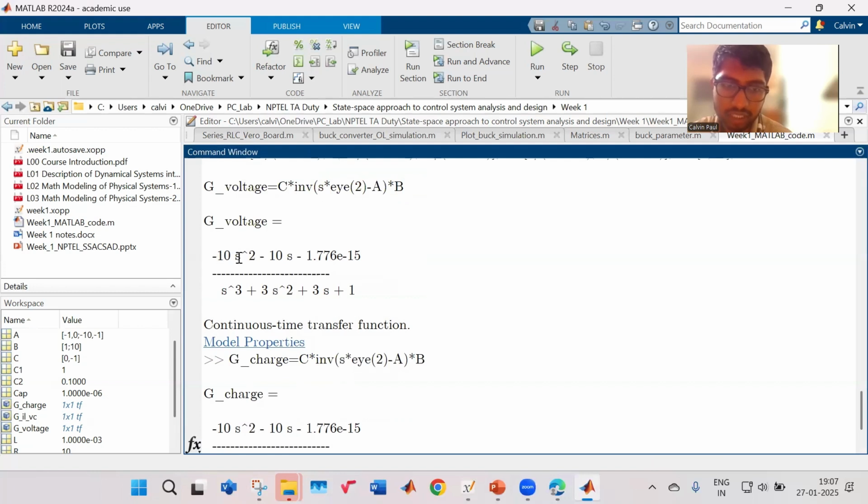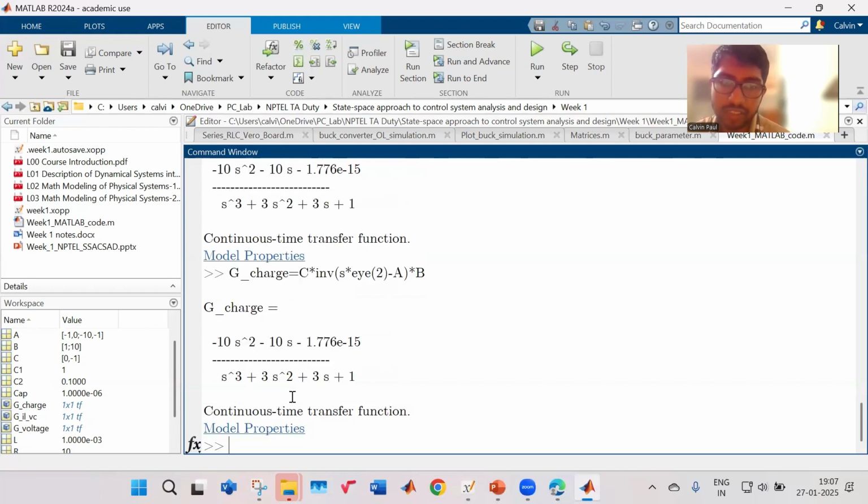If you can see, it is minus 10s square minus 10s minus 1.766 into E minus 15. E minus 15 means 10 raised to minus 15. That is a very small value, approximately 0, so it is negligible. And this is the denominator, which is the characteristic equation of this transfer function.